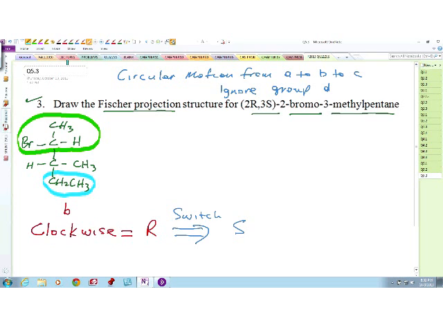So therefore, now let us make our priority assignment. Where is A? Which is A? The top one? Okay, very good.